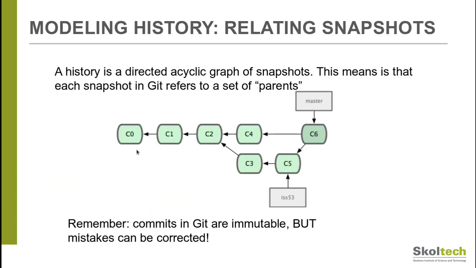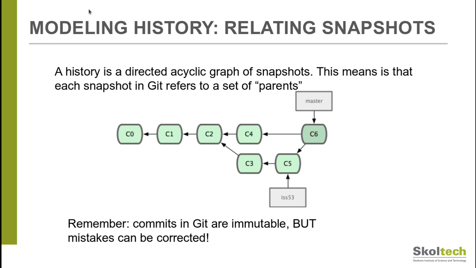How should a version control system relate snapshots? One simple model would be to have a linear history. A history would be a list of snapshots in time order. For many reasons, Git doesn't use a simple model like this. In Git, a history is a directed acyclic graph of snapshots.